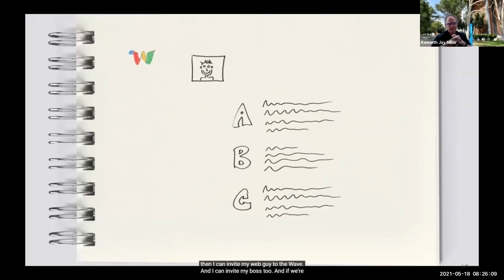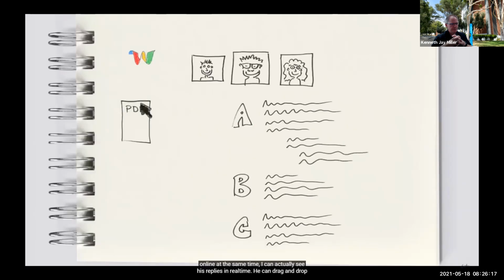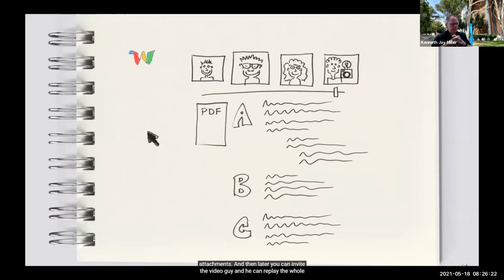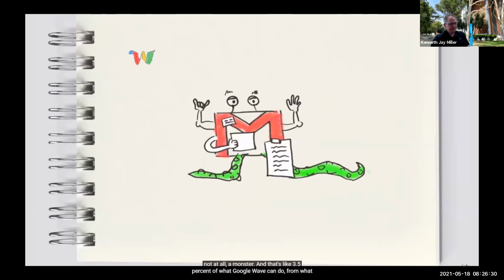And then I can invite my web guy to the Wave, and I can invite my boss too. And if we're online at the same time, I can actually see his replies in real time. He can drag and drop attachments. And then later you can invite the video guy and he can replay the whole conversation with the playback tool to catch up. It's all really slick and convenient and not at all a monster.